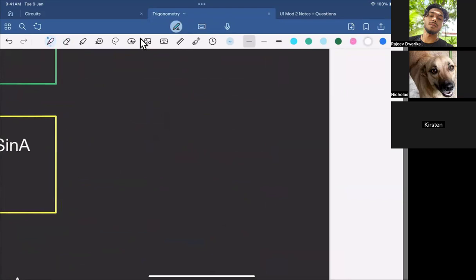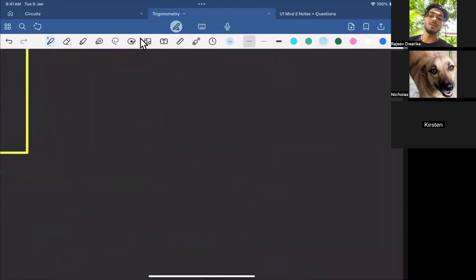Another main identity you need to know: cos squared A plus sine squared A is equal to 1.